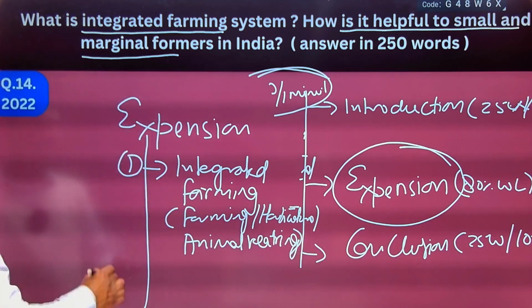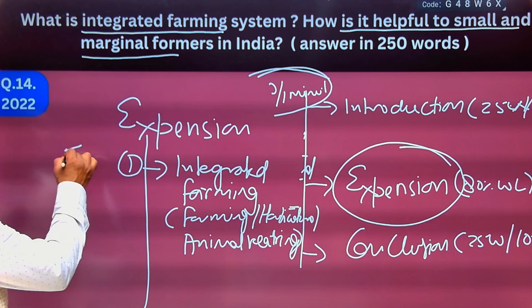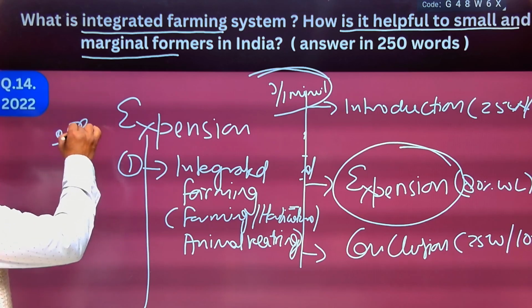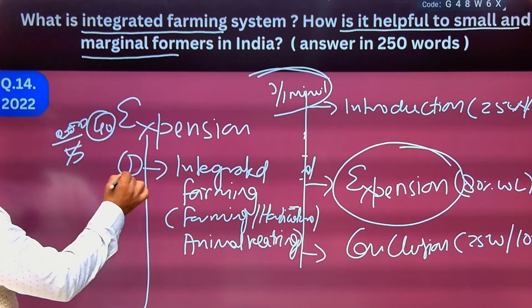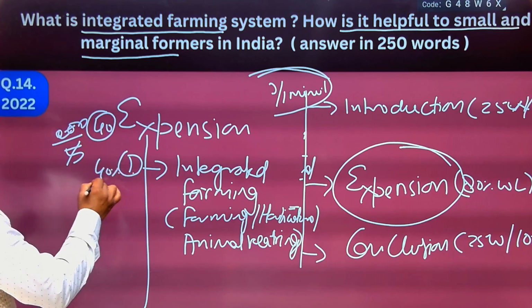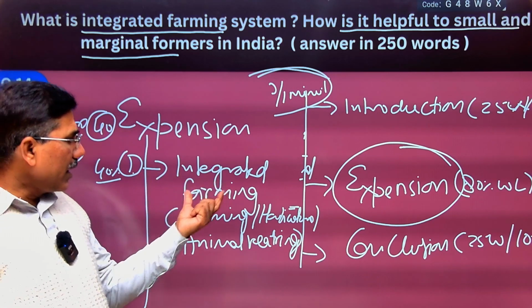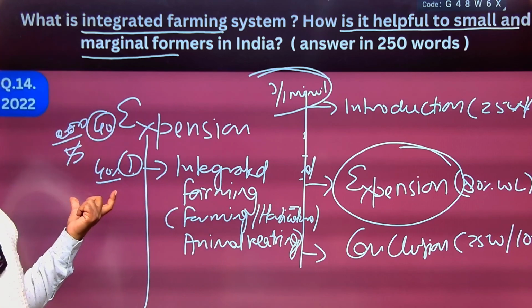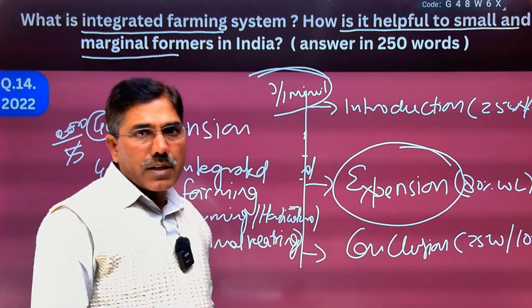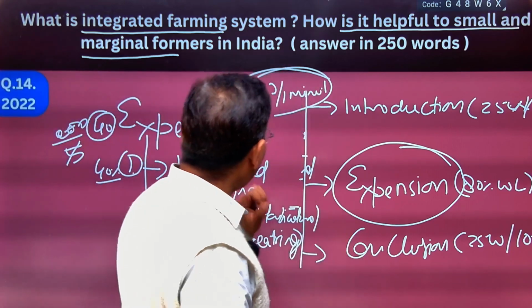This is your first elaboration. If you write five points out of 200 words, each point will carry 40 words. You have to write on the meaning of integrated farming not more than 40 words. Your first point is clear.